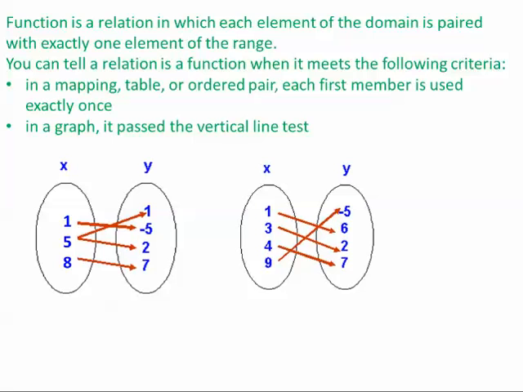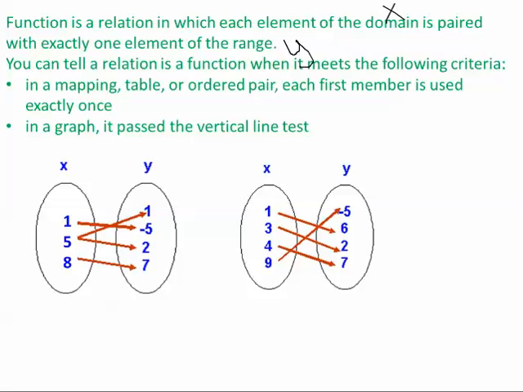Okay, a function is a relation in which each element of the domain is paired with exactly one element of the range. And what that means is that your x values, your domain, is your x values. It's paired with one element of the range, your y values.